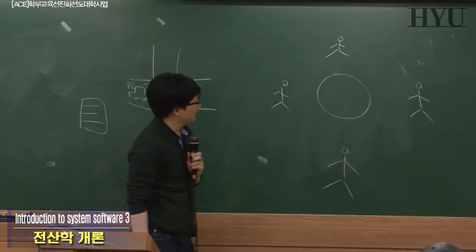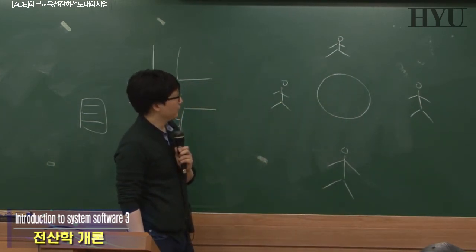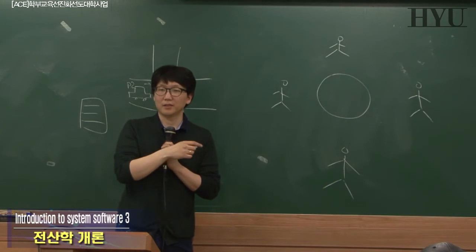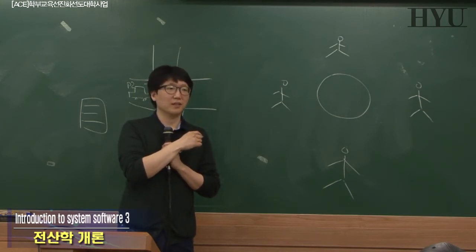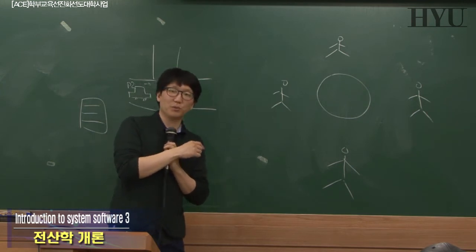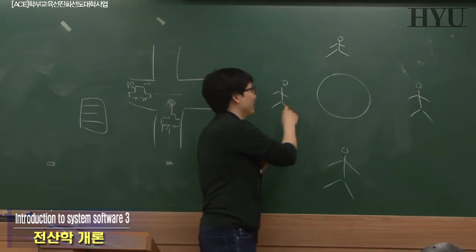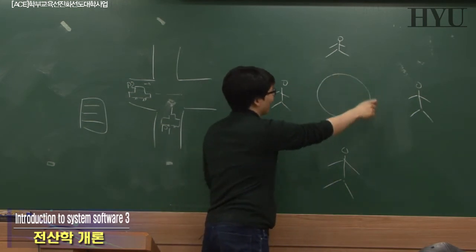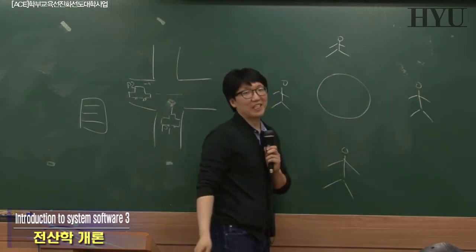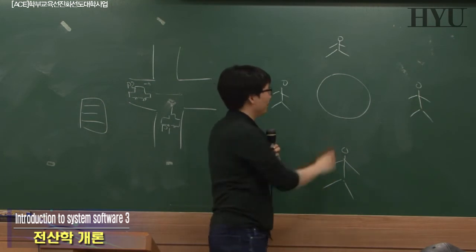Let's say these are philosophers. 철학자? 뭐 그런 거죠. They don't do much, but they always think. They sit around the table, and there is food.